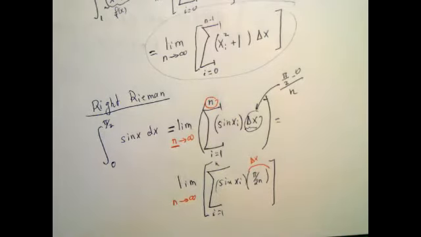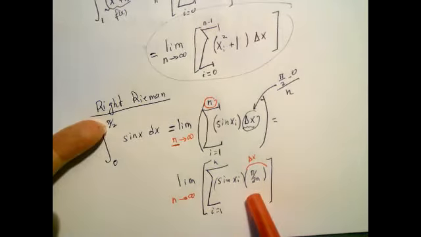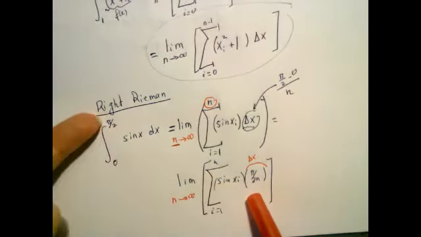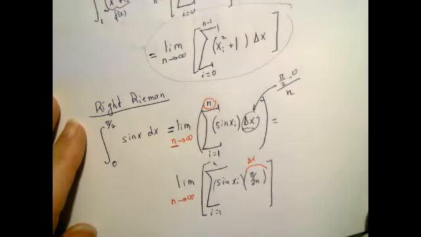Now we're going to go backward. It means I'll give you the limit and you write the integral. Okay, so let's do that.